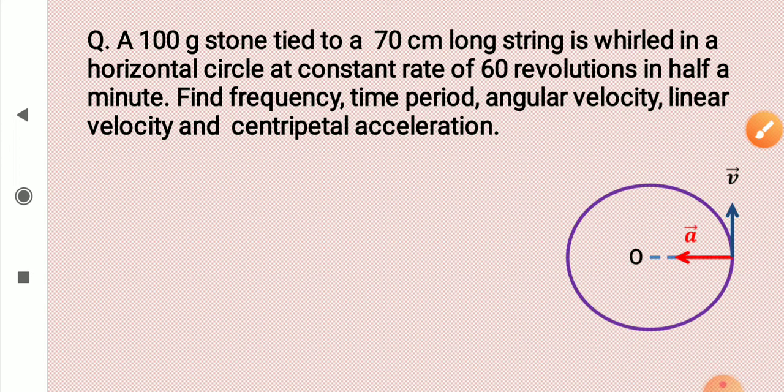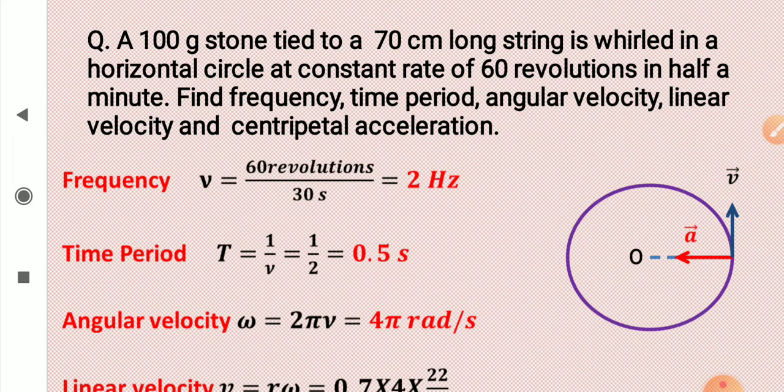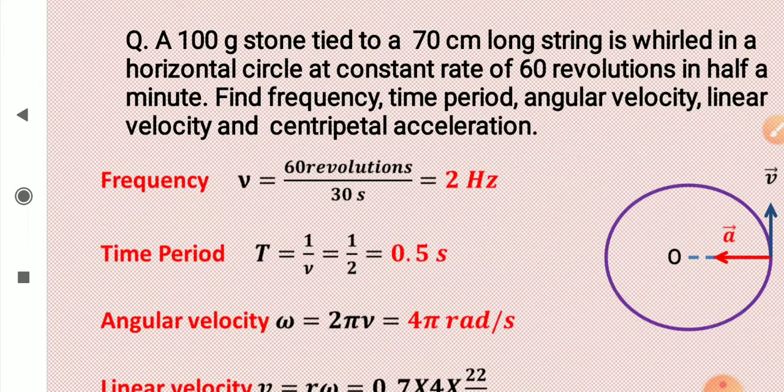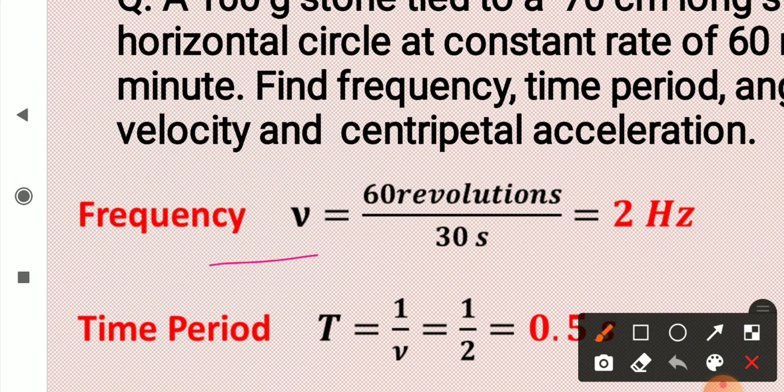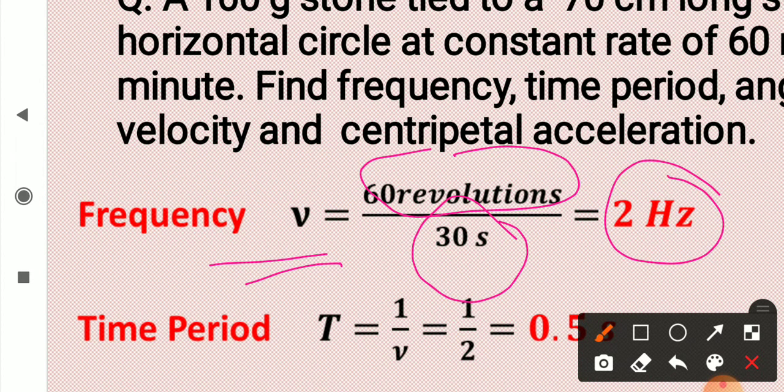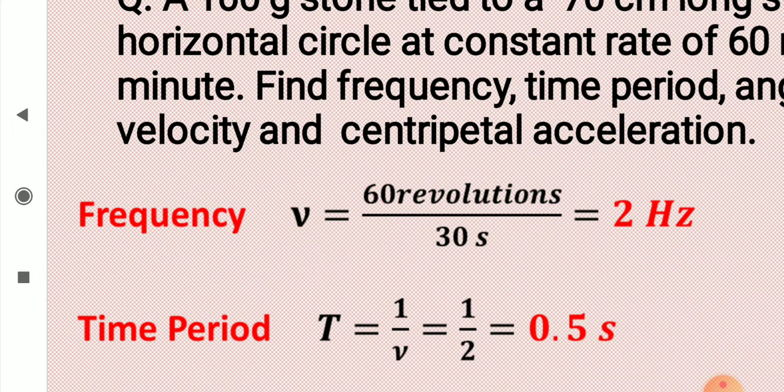See here and here, one by one. Let us take frequency. Now frequency is given 60 revolutions in half a minute. Half a minute is 30 seconds. So you simplify it, you get 2 hertz. Frequency is 2 hertz.